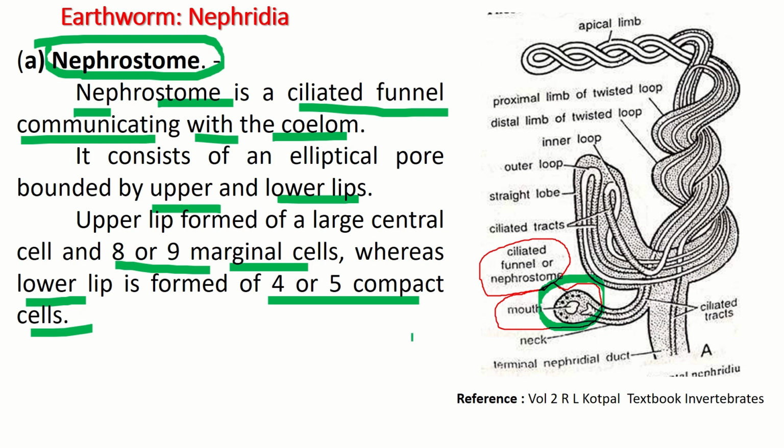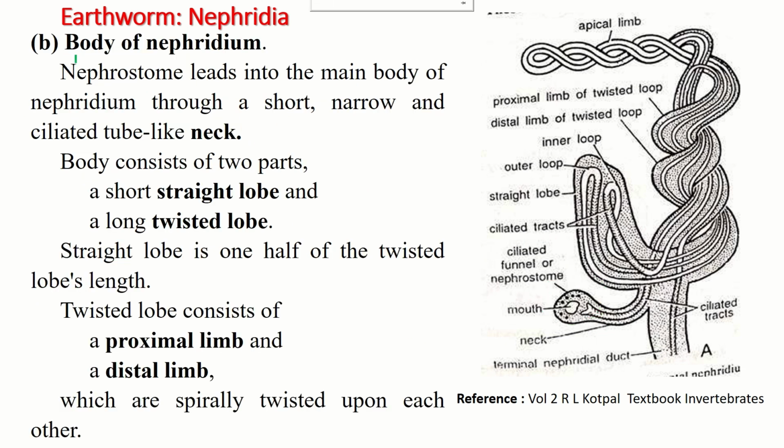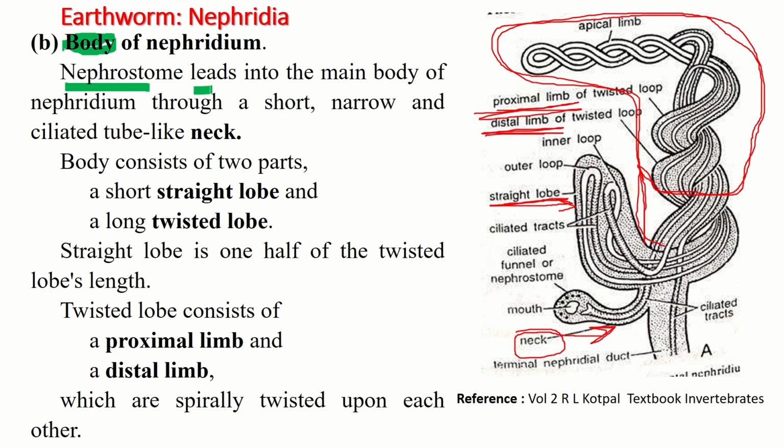The nephrostome then leads into the main part of the nephridium, which is called the body, through a short neck.